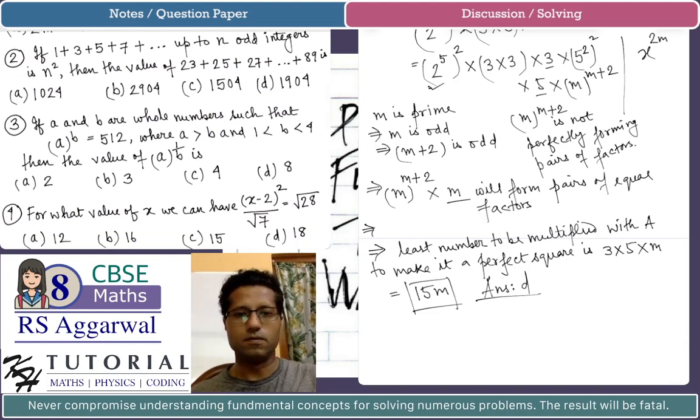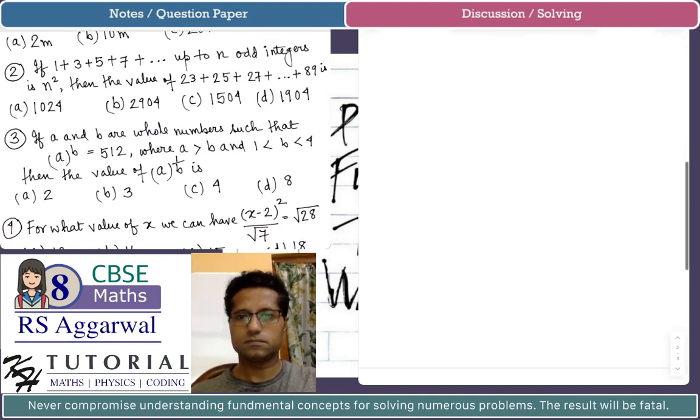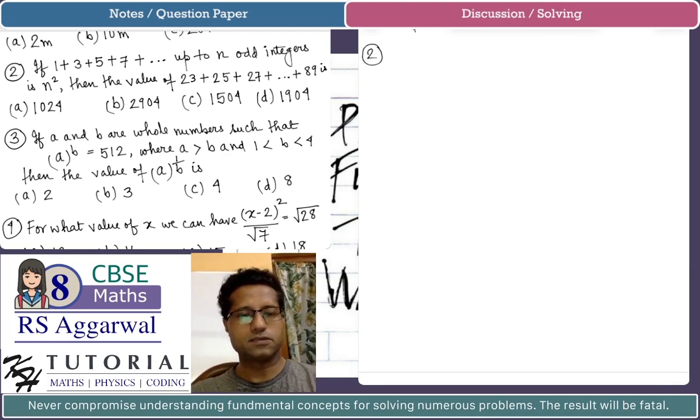Let's do problem number 2. It is saying that 1 plus 3 plus 5 plus 7 plus up to n odd integers is n square.